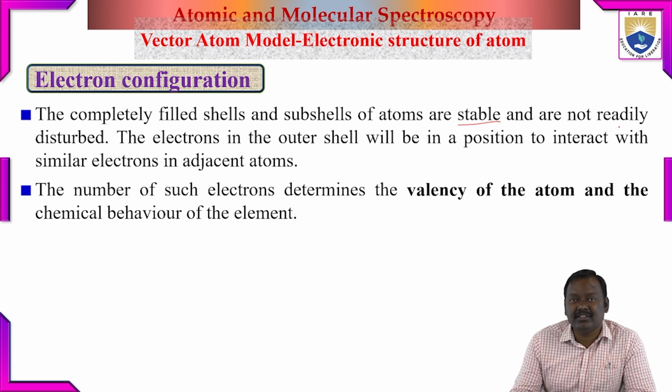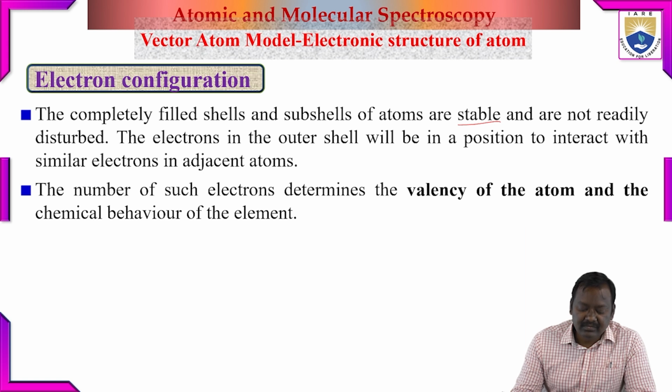It is a highly stable atom. And even if it is half filled, even if the atom's subshells or shells are half filled, then also stability increases compared to incompletely filled shells or subshells.